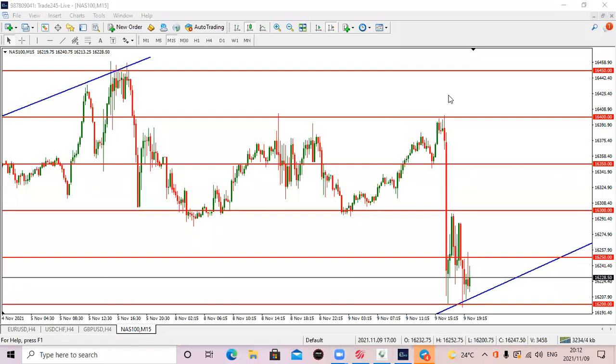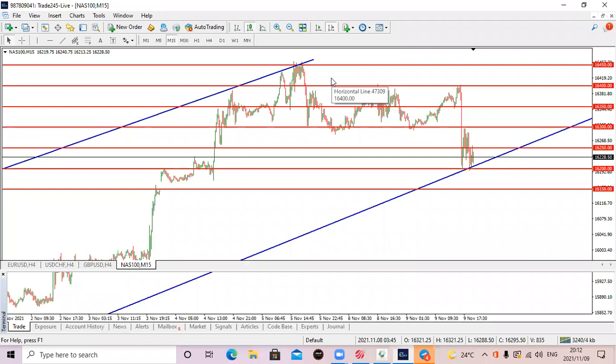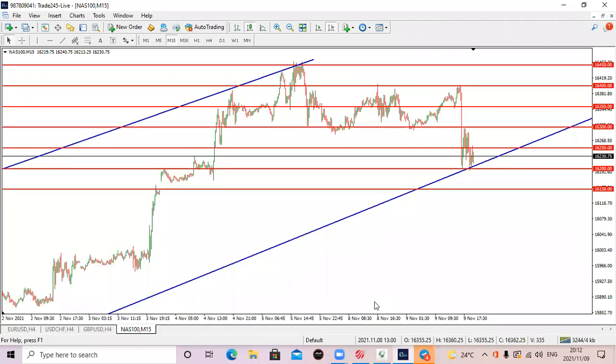So I want you to look at the chart and look at the current market price.